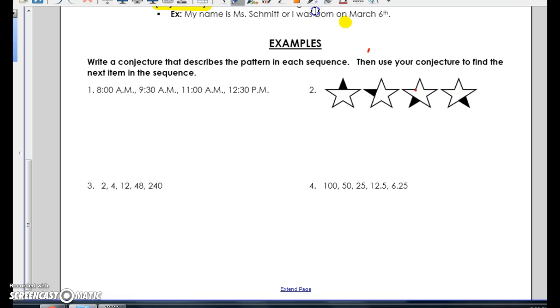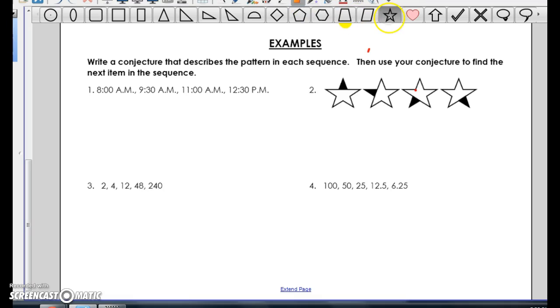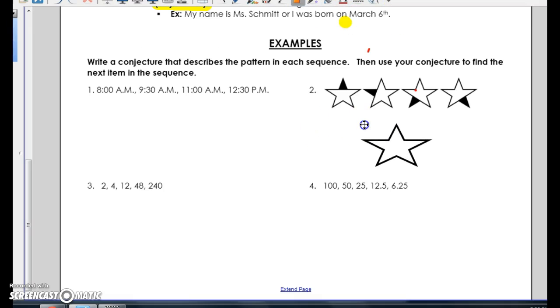So I know you guys don't have this fancy shape tool to help you out, but I can draw a star with my shape tool in order to come up with the next image. And the next image would be this upper right point would be shaded.